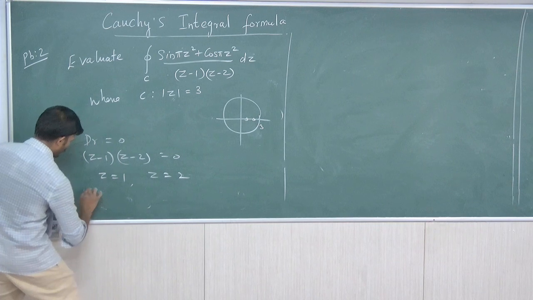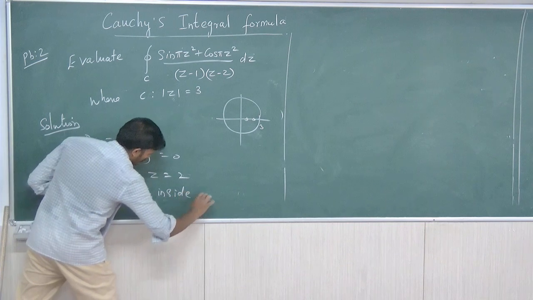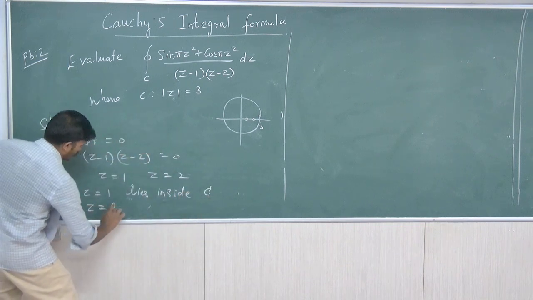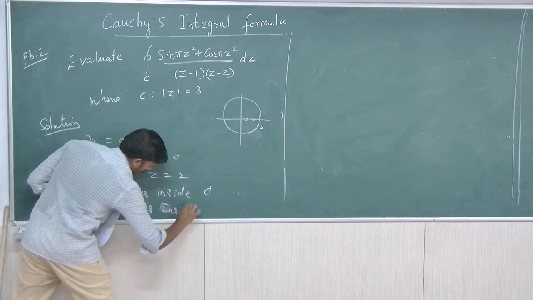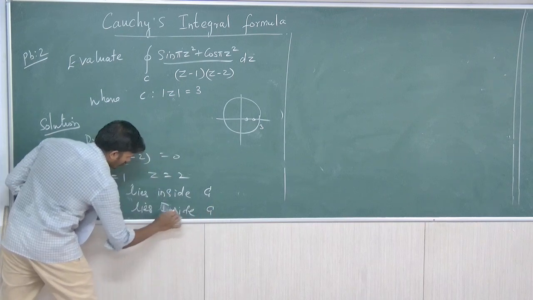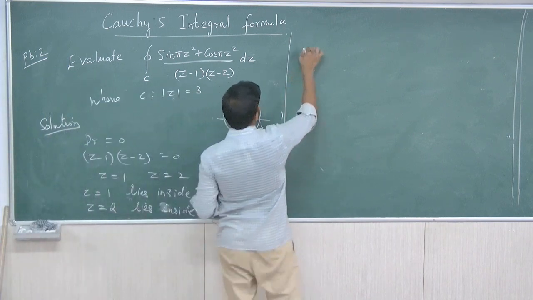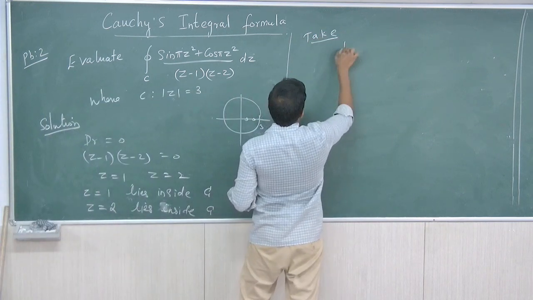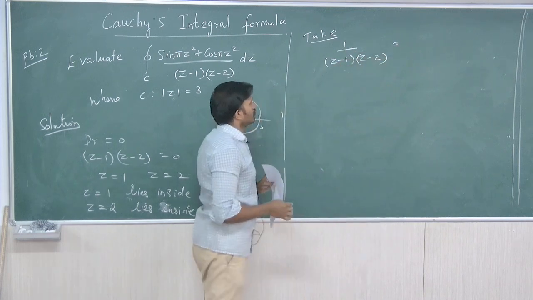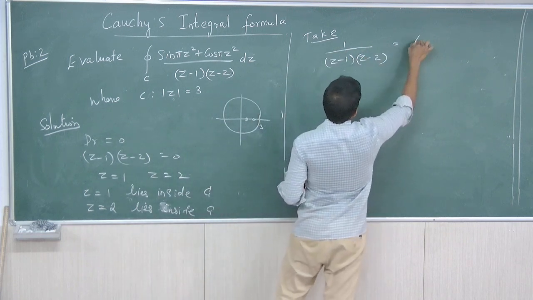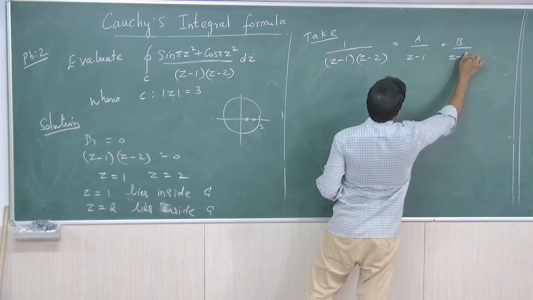So since z equal to 1 lies inside C, z equal to 2 lies inside C, right? So now I am going to consider 1 by (z minus 1)(z minus 2) equal to a by z minus 1 plus b by z minus 2.